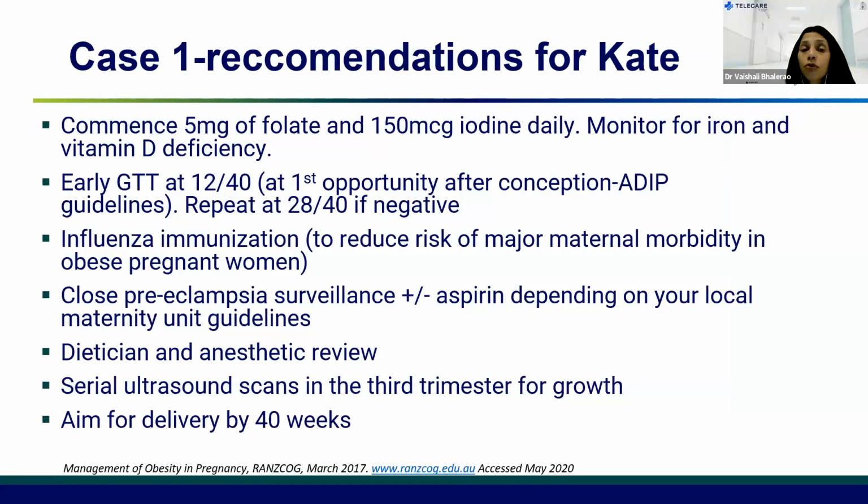Influenza immunization to reduce risk of major maternal morbidity in obese pregnant women. Close preeclampsia surveillance plus or minus aspirin depending on your local maternity unit guidelines, and dietitian and anesthetic review. Serial ultrasound scan in the third trimester for growth, and aim for delivery at 40 weeks.